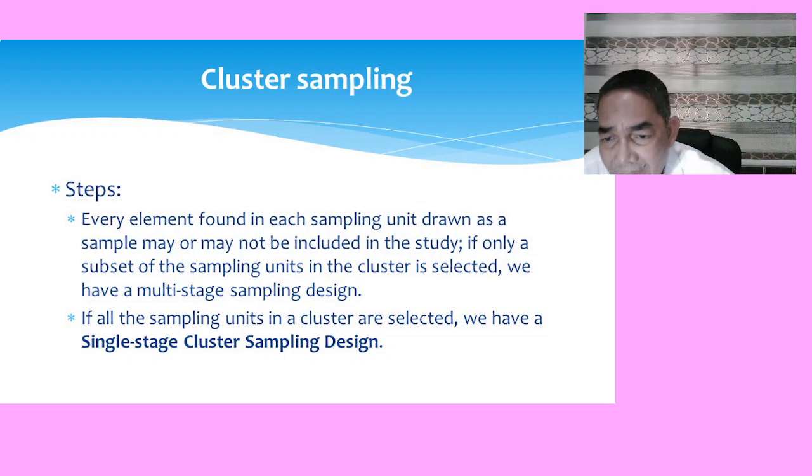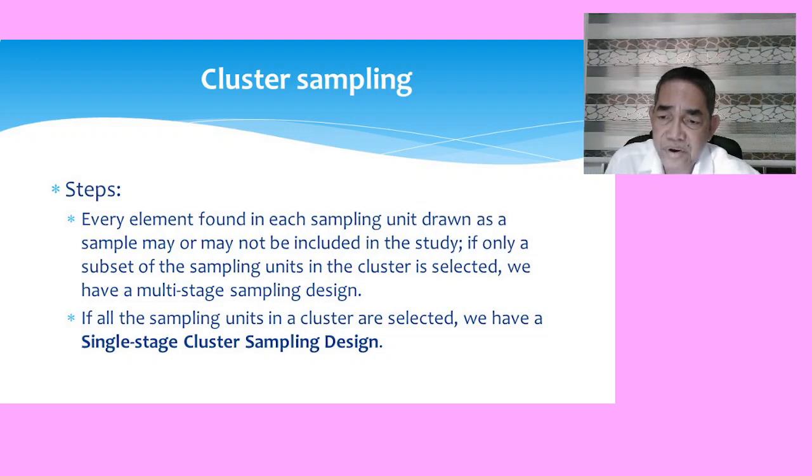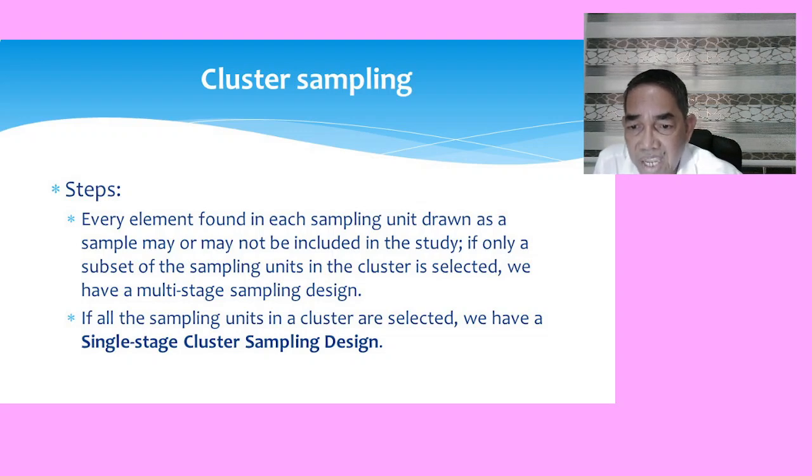Then we'll go back to this multi-stage. We'll first talk of the single stage because this is easy to understand. If all the sampling units in that cluster are selected, all first year and all third year students, then we have a single stage cluster sampling, meaning you're done.